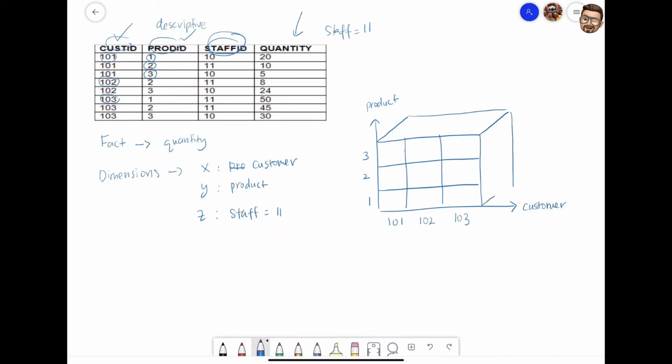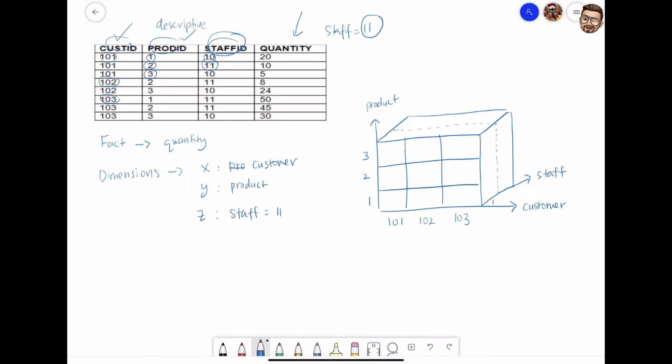If you take a look over here, your Z is the staff. You know that you have two different staff, 10 and 11. But the question wants only staff 11. What does it mean here? You have two different data on staff, but what is the data that is at the front?